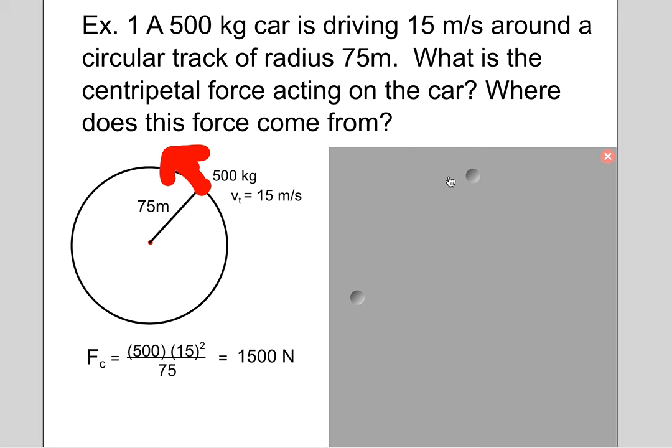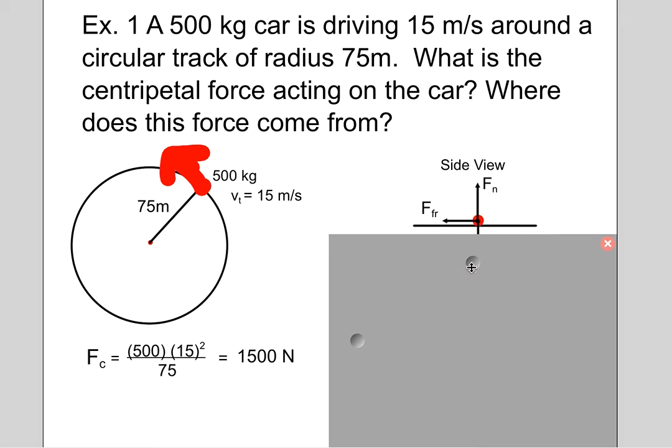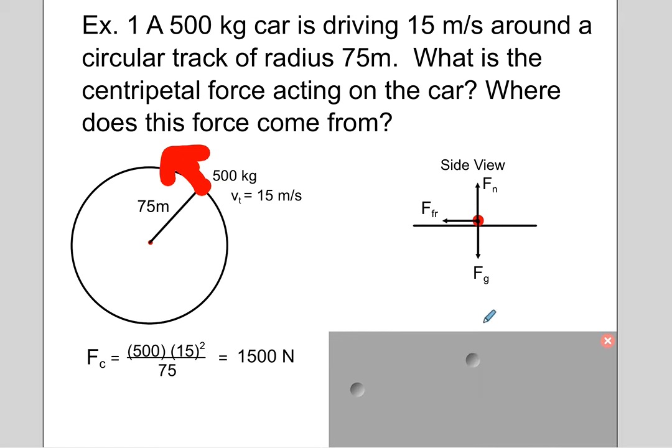Okay, so what's actually then creating the centripetal force that is making this car move in a circle? Well, analyze the forces acting on the car. I gave you a little side view here. So what you have to imagine is that this dot is the car, and it's heading into the screen. It's moving in a big circle like that, coming around, but it's going into the screen.